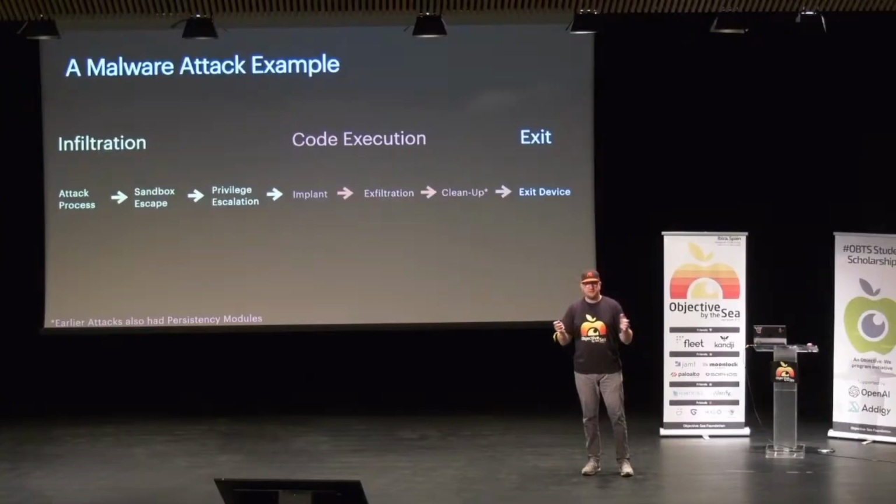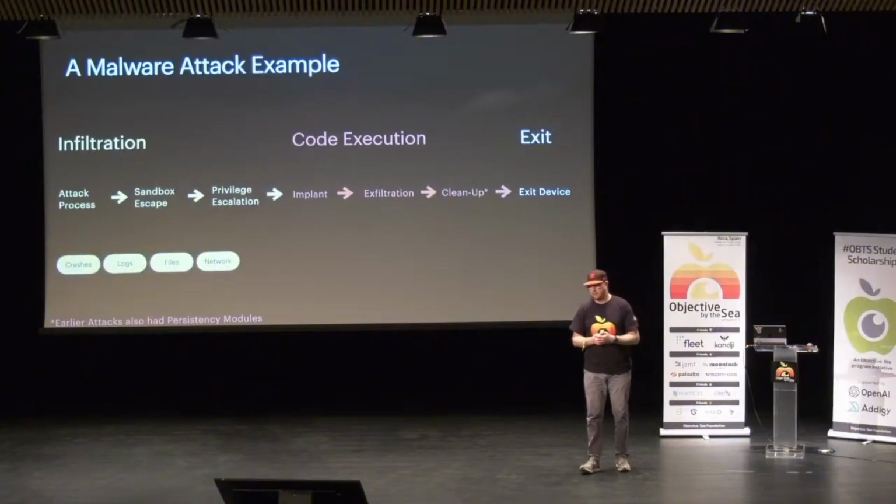Now, during these phases, there are a couple of potential traces or threats that a threat actor could be leaving behind. So let's say we're attacking iMessage, and it could be that we need to crash iMessage or some of the iMessage related processes a couple of times in order to bypass some of the mitigations. So we could have crashes, we could have logs from the process, we could have files that are written to disk, and we could also have some sort of network communication if we have one-click chains.